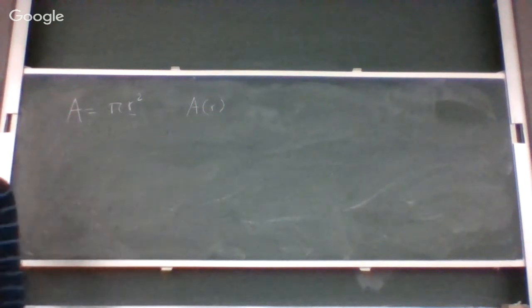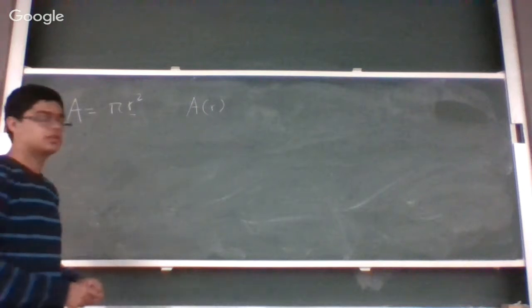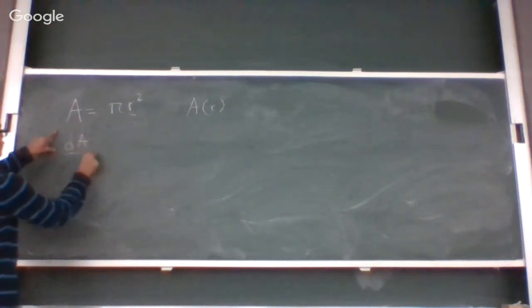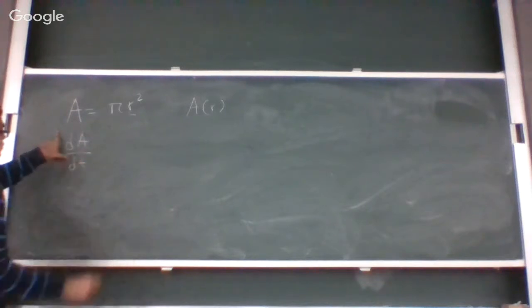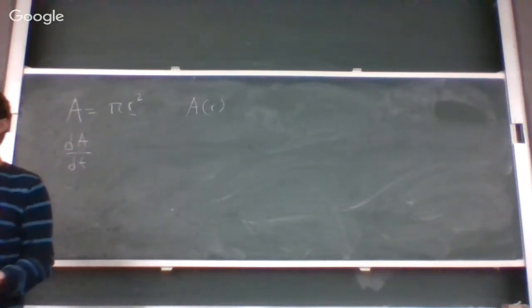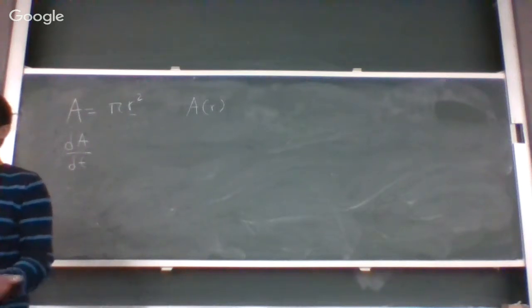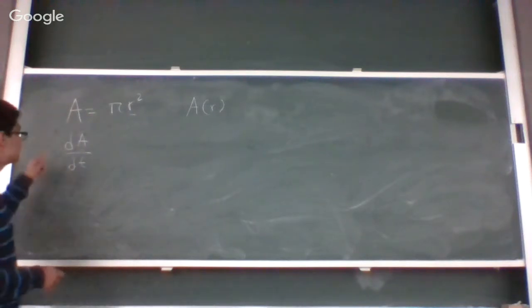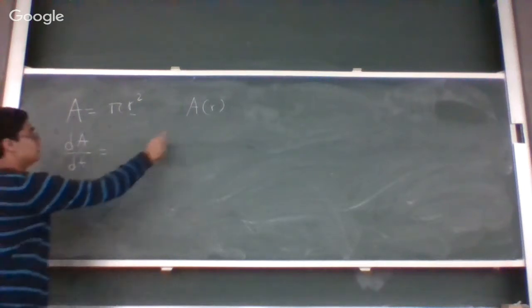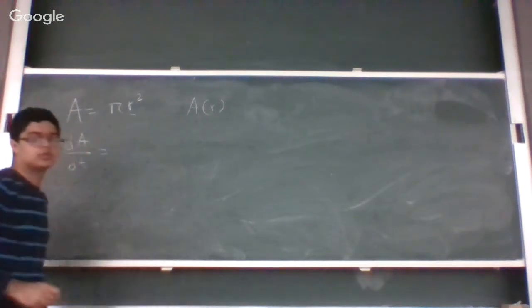A of r. Okay? So if we take the derivative of A with respect to time, because related rates are concerned with, most of the time the examples involve water flowing, so the amount of time it takes for water to flow out of a hole or something. So that's why we have to do one with respect to time, but A is a function of r.